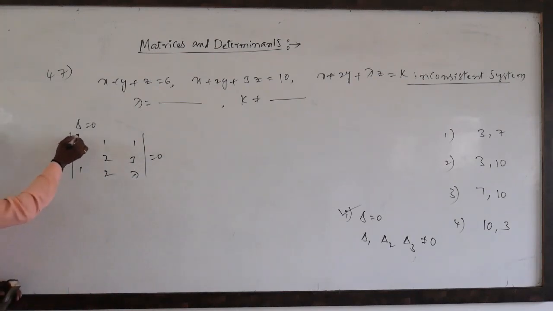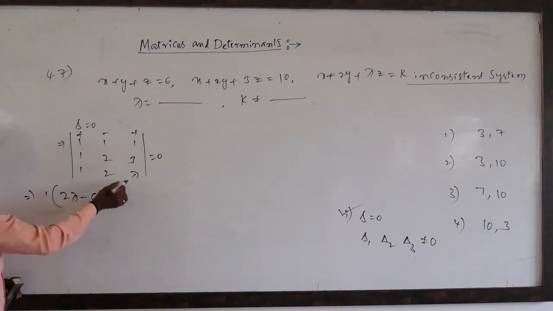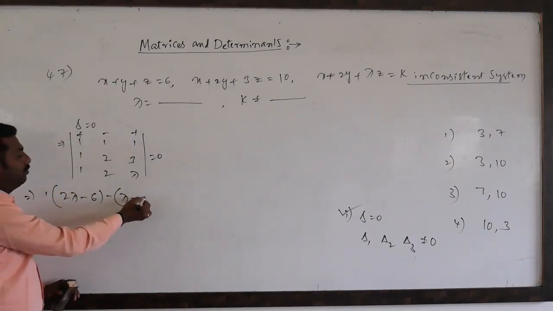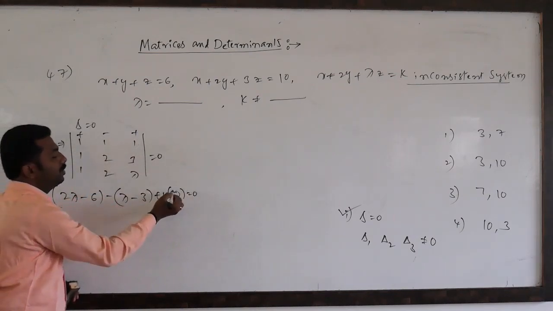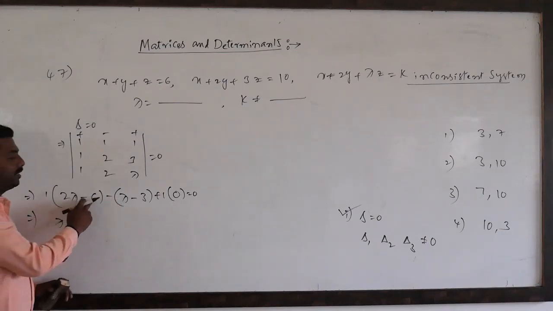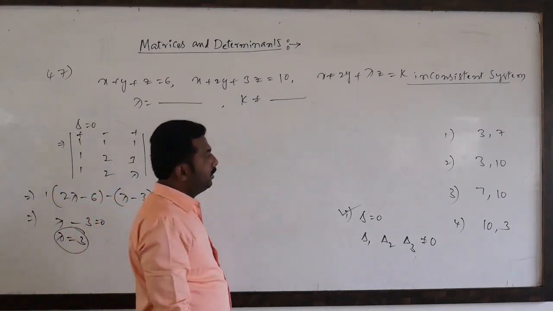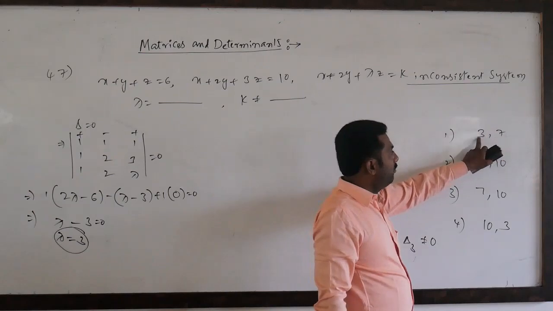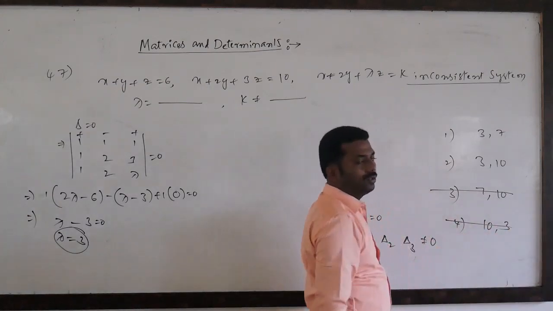Expanding along the first row, 1 into 2 lambda minus 6, minus 1 into lambda minus 3, plus 1 into 2 minus 2, nothing but 0. So finally 2 lambda minus lambda, that means lambda minus 6 plus 3 minus 3 equal to 0. So lambda equal to 3. Lambda equal to 3 means only 2 possible options remain, so you can delete these 2 options.